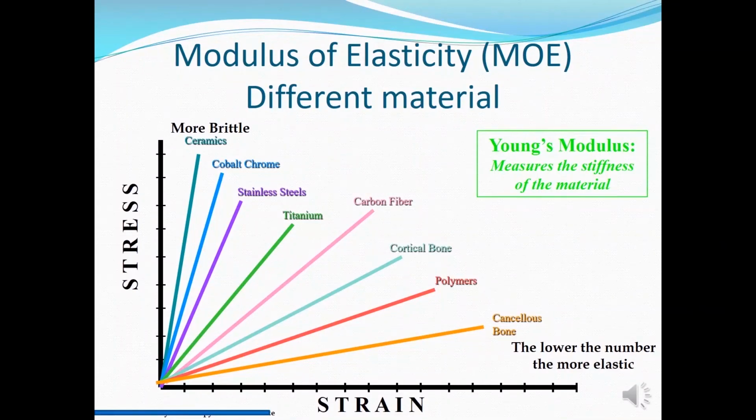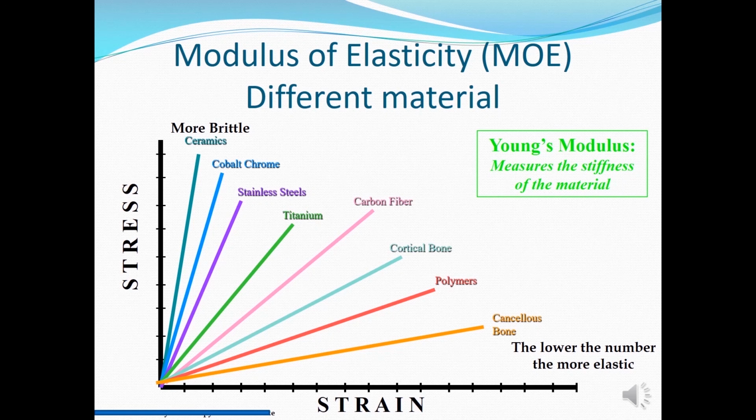This diagram is very important in choosing the material for implants. It measures the modulus of elasticity of different implants. We can see the ceramic is the worst material for elasticity. It is brittle. Then cobalt chrome is better.